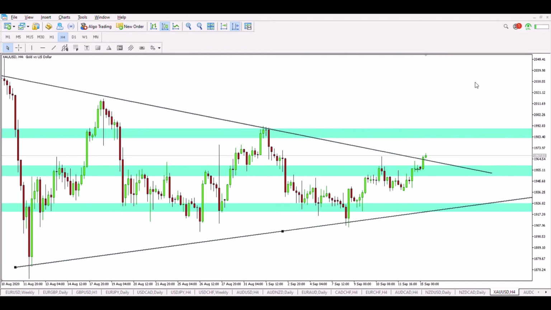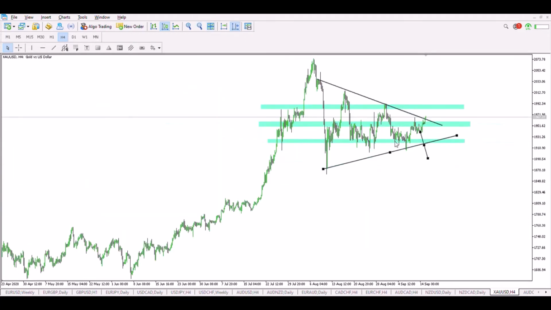so I repeat again, we need a valid break above or below. You know, here the price could have just gone below and started breaking these support zones right here, and if we break below the triangle pattern, we just take the height of the pattern, we apply it down, and we see where we can take profit.